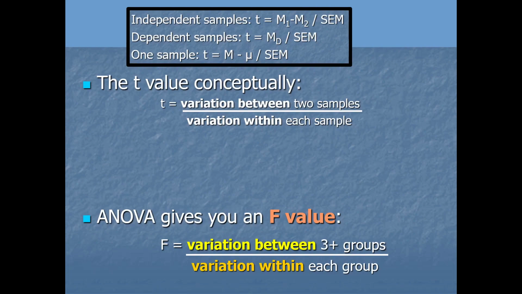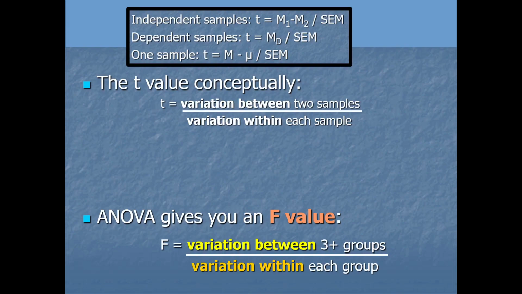And we're asking how many steps of that our variation between the groups is. That's why we divide by variation within groups. It's just how big is the difference between our groups relative to the kind of differences and variation we see anyway. So that'll tell us if it's a big enough difference between the groups to be significant.